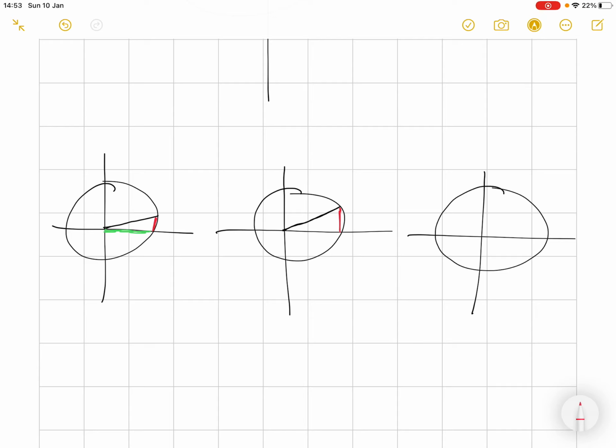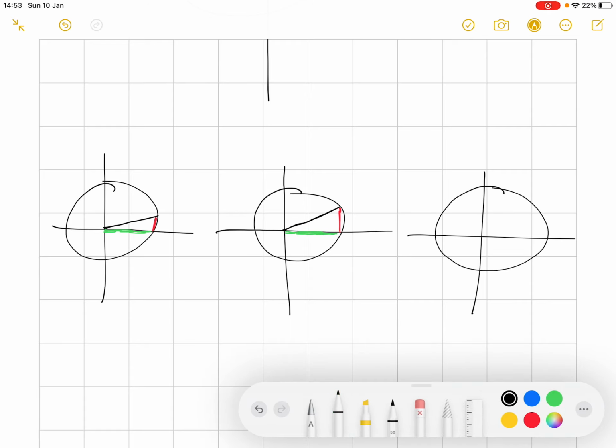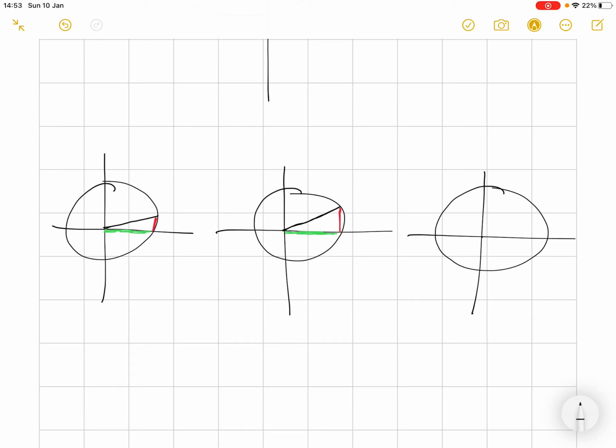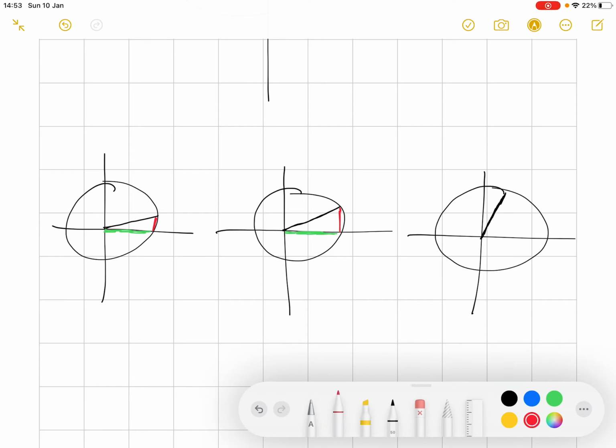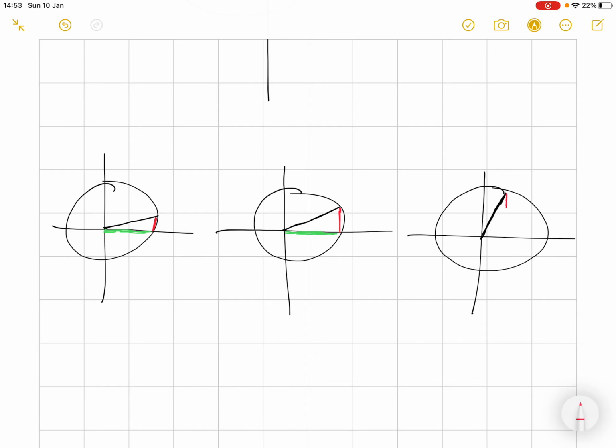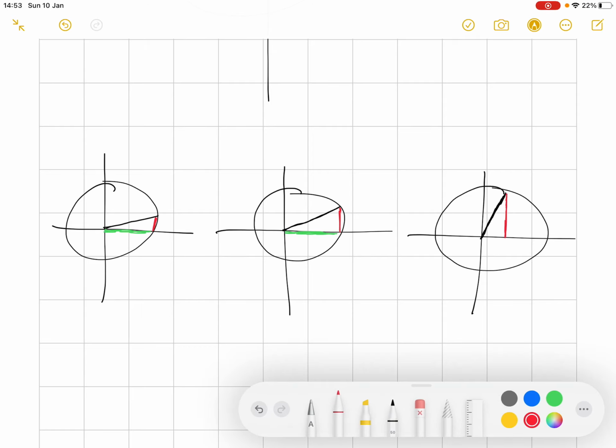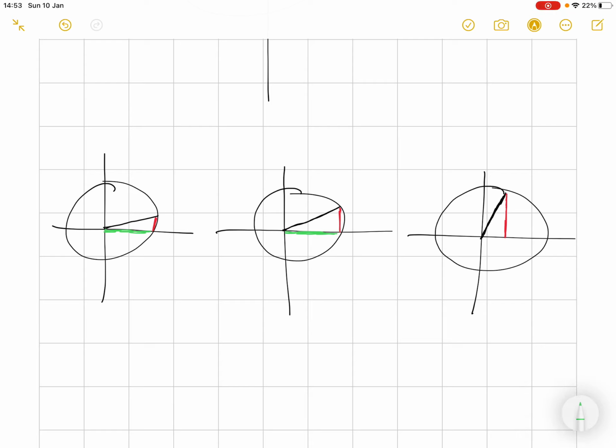We have some sine theta there and cos theta there, and then we'll make theta very close to 90. And again, we have sine of theta here and cosine of theta here.